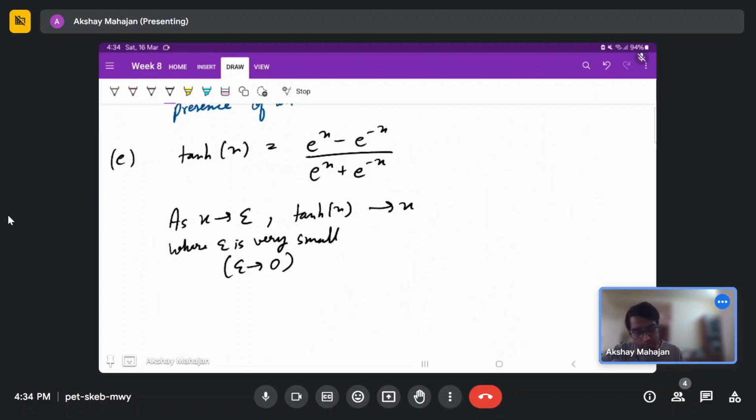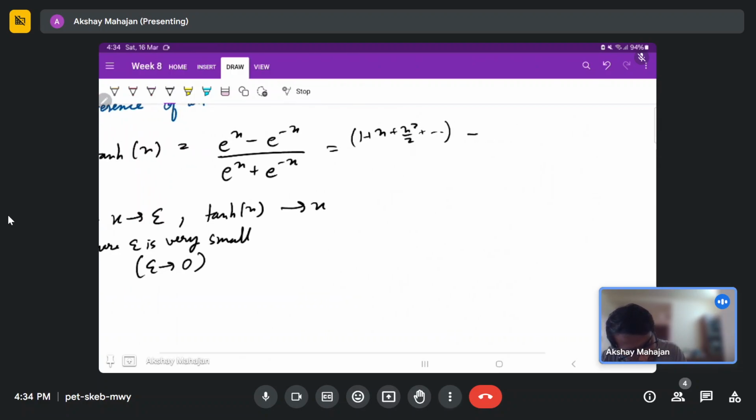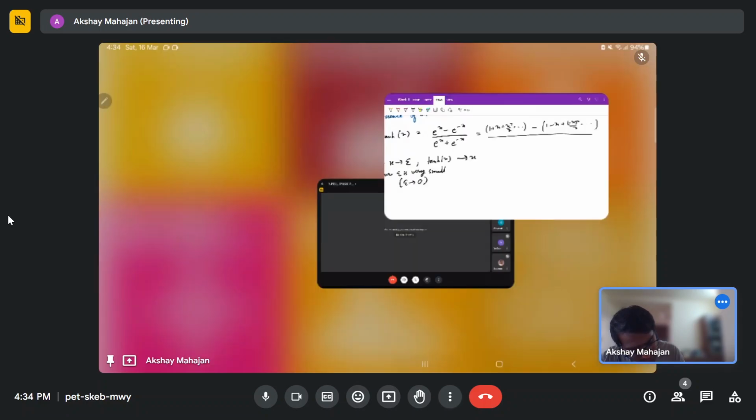Why does this happen? Because you can expand this tanh as 1 plus x square by 2, and so on. Do the expansion of the exponentials, as in minus x whole square by 2 and so on.